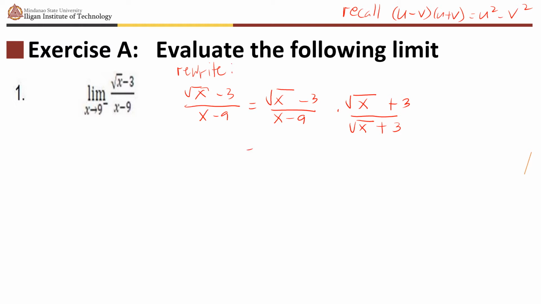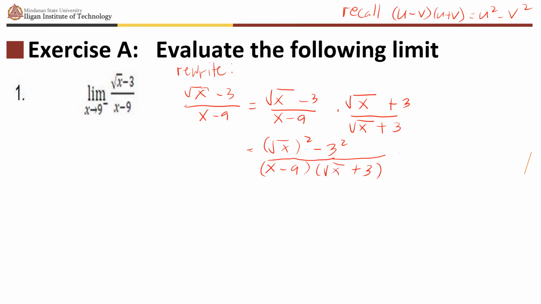So we now have square root of x squared minus 3 squared, all over x minus 9 times square root of x plus 3.